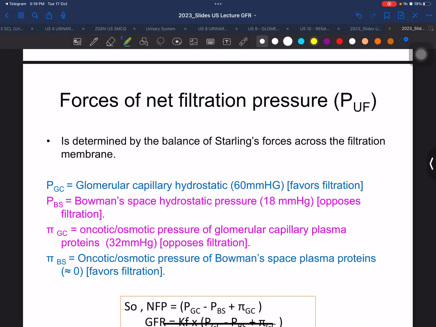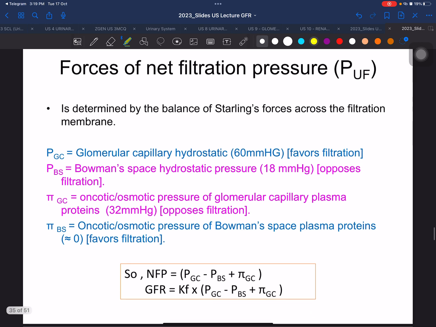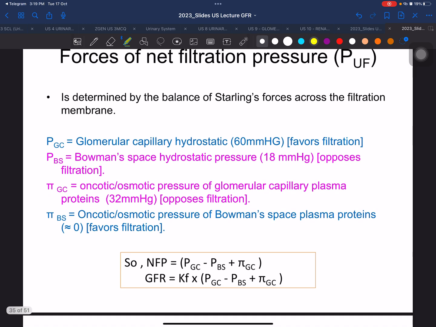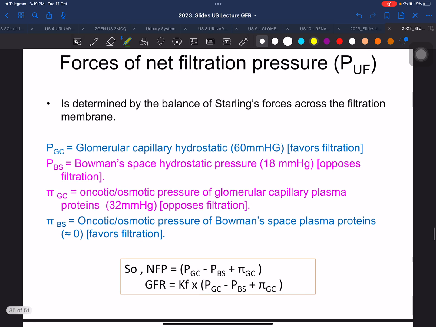First is PGC, the glomerular capillary hydrostatic pressure, which favors filtration. The Bowman space hydrostatic pressure opposes filtration. The oncotic pressure of the glomerular capillary plasma opposes filtration. The oncotic pressure of the Bowman space plasma proteins favors filtration.